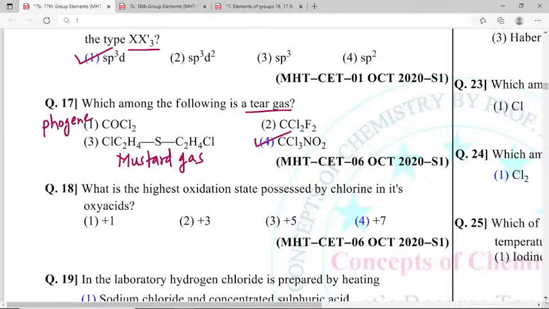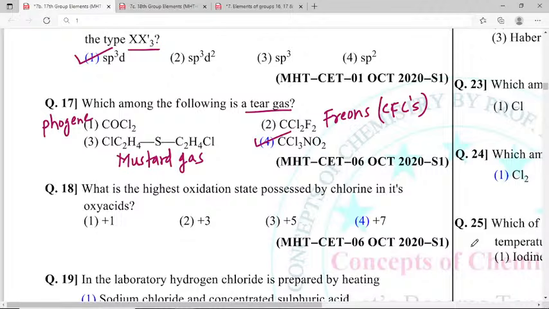This is called chlorofluorocarbon, also called freons, CFCs. And this is called tear gas, CCl3NO2.